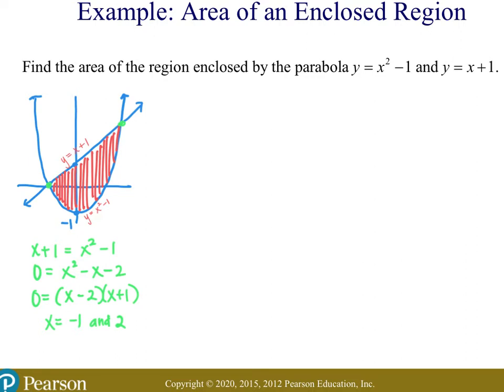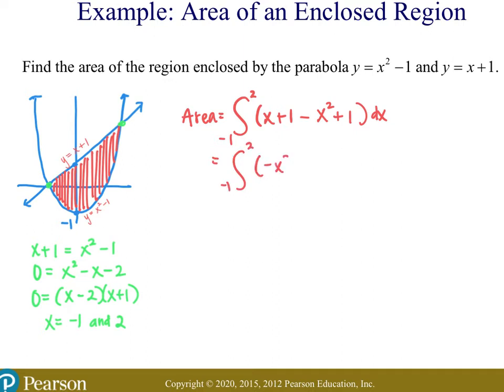All right, so my integral, my area enclosed by these two, will be the integral from -1 to 2, and then x plus 1 comes first, and then subtract x squared. Make sure you change your sign when you subtract. So we're looking at -1 to 2. We've got -x squared plus x plus 2.